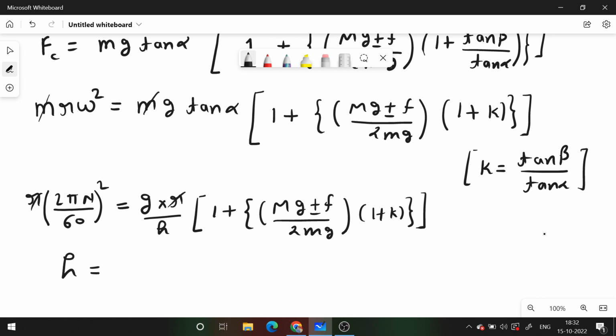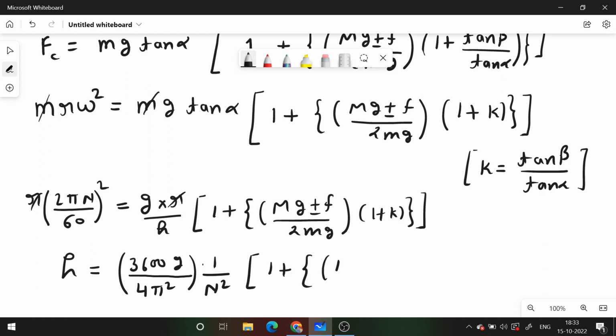h will be equal to 3600 into g upon 4 pi square, into 1 upon N square, into 1 plus mg plus minus f upon 2 mg, 1 plus k.